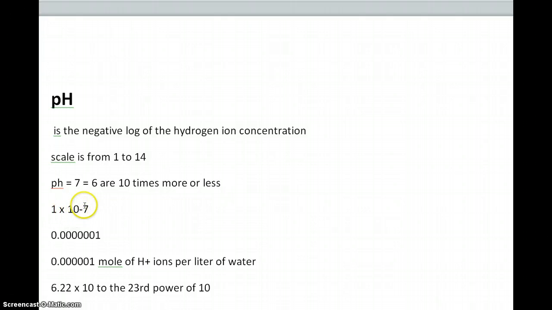So to write 1 times 10 to the minus 7, we write 0.0000001. That means we have 0.0000001 mole of hydrogen ions per liter of water.